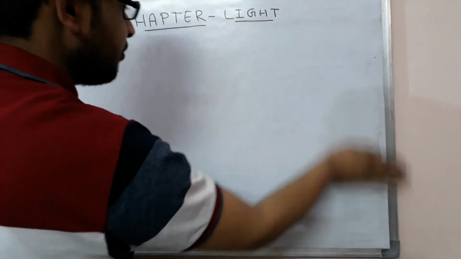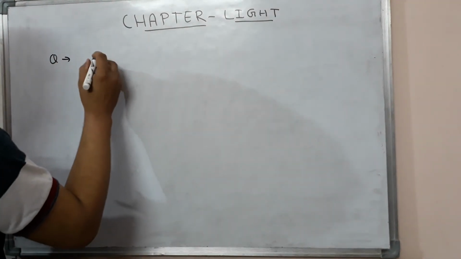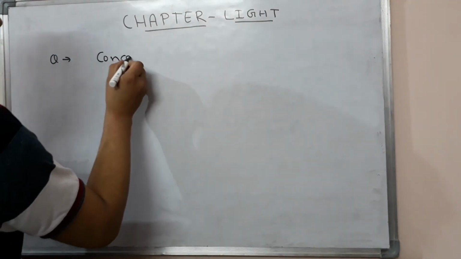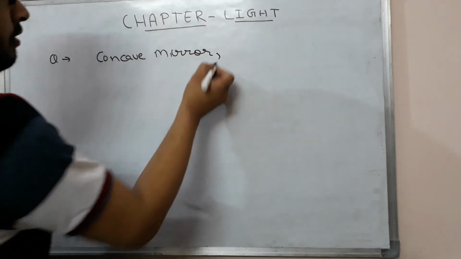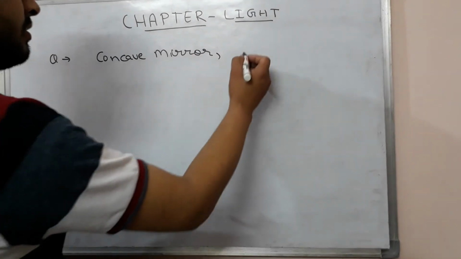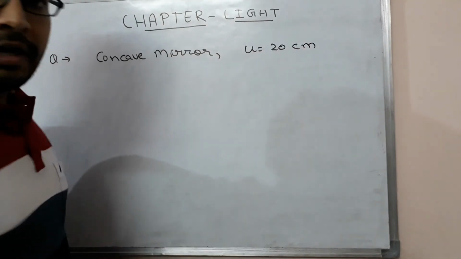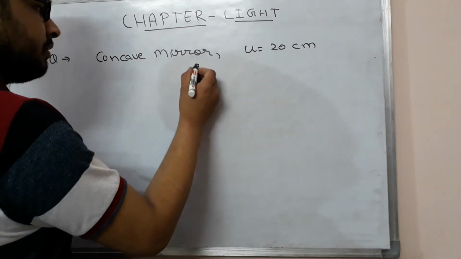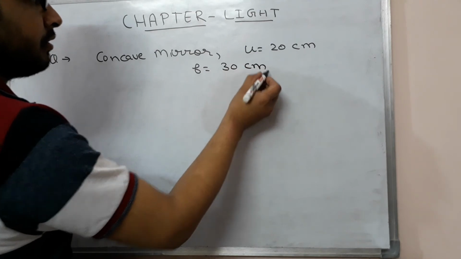Now let's do one more question. Suppose we have been given a concave mirror where the object distance is 20 centimeter and the focal length is 30 centimeter.